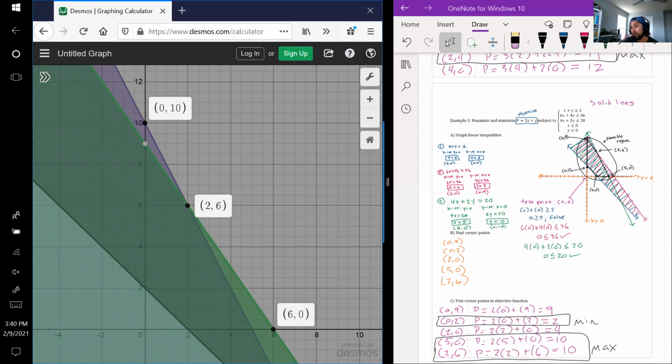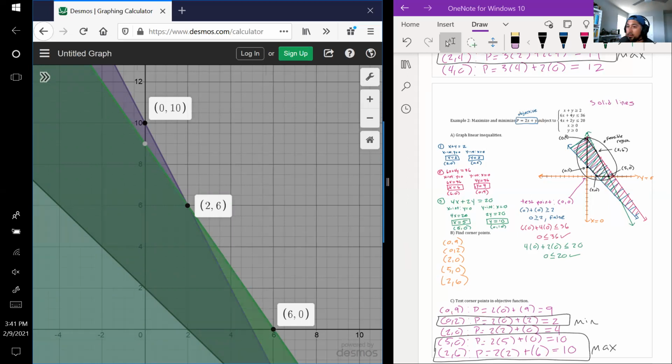For greater than, not greater than or equal to? Well, that's for greater than or equal to. Remember, greater than or equal to just tells us if we're going to have solid or dashed lines. So if it is dashed, are the corner points still found the same way? Yes, the corner points will be found the same way no matter if it's dashed or solid.